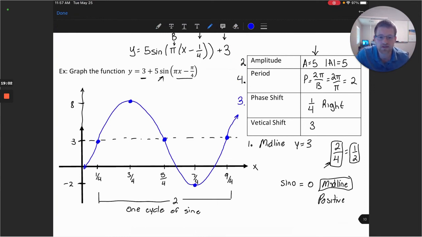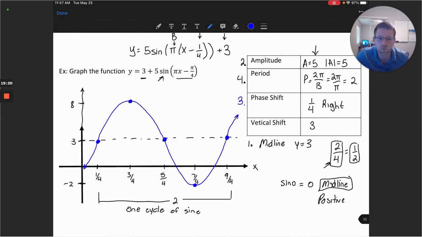So just as a summary here, we started with writing our function in factored form. We filled in our table: amplitude, period, phase shift, and our vertical shift.